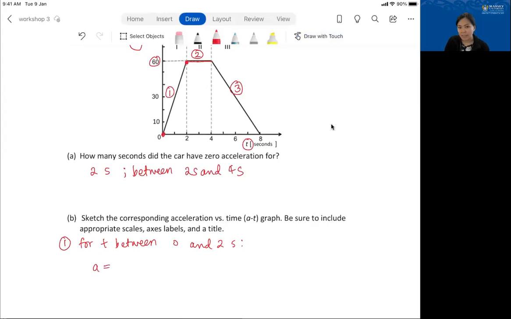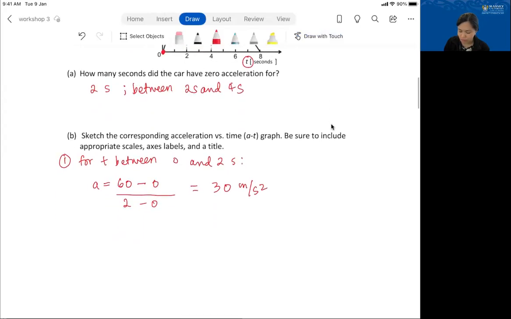Acceleration is final velocity minus initial velocity, divided by final time minus initial time, or the slope. Final velocity there will be 60 meters per second. Initial velocity is 0, divided by the final time, which is 2, minus the initial time, which is 0. So that will give us a slope of 30 meters per second squared. Don't forget to include the units.